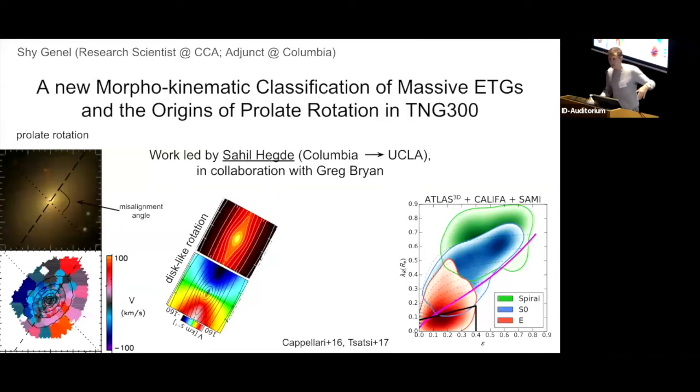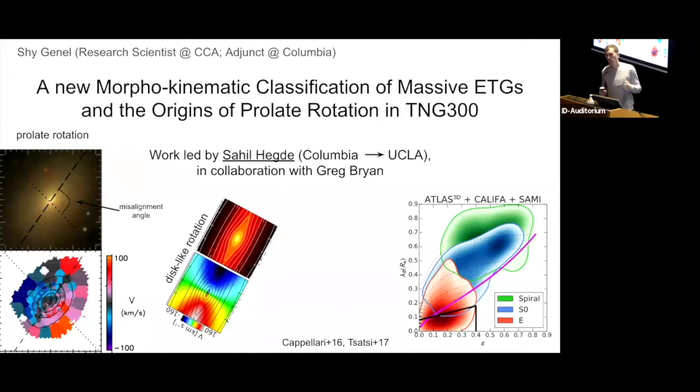On the y-axis, we have the spin parameter, on the x-axis the ellipticity, and we see in blue and green these fast rotators, and in red the slow rotators. That's the general classification of these massive galaxies. But there are many more interesting features like kinematically decoupled cores and misalignments, so we wanted to go into more detail.